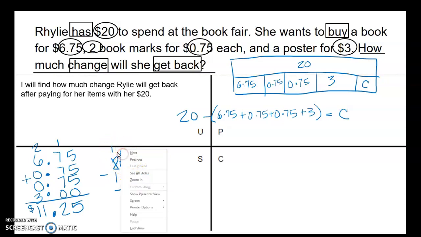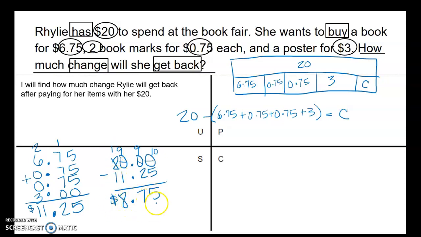Make that a 9, make that a 9, and that becomes a 10. Alright, so 10 minus 5 is 5, 9 minus 2 is 7, decimal point, 9 minus 1 is 8, and 1 minus 1 is nothing. Alright, so she's going to get back $8.75.